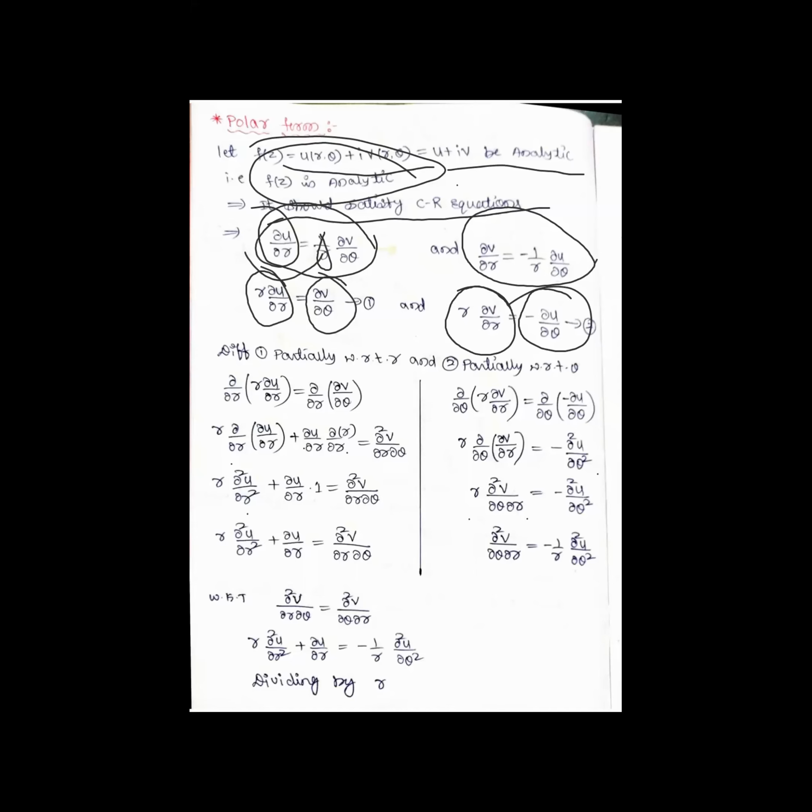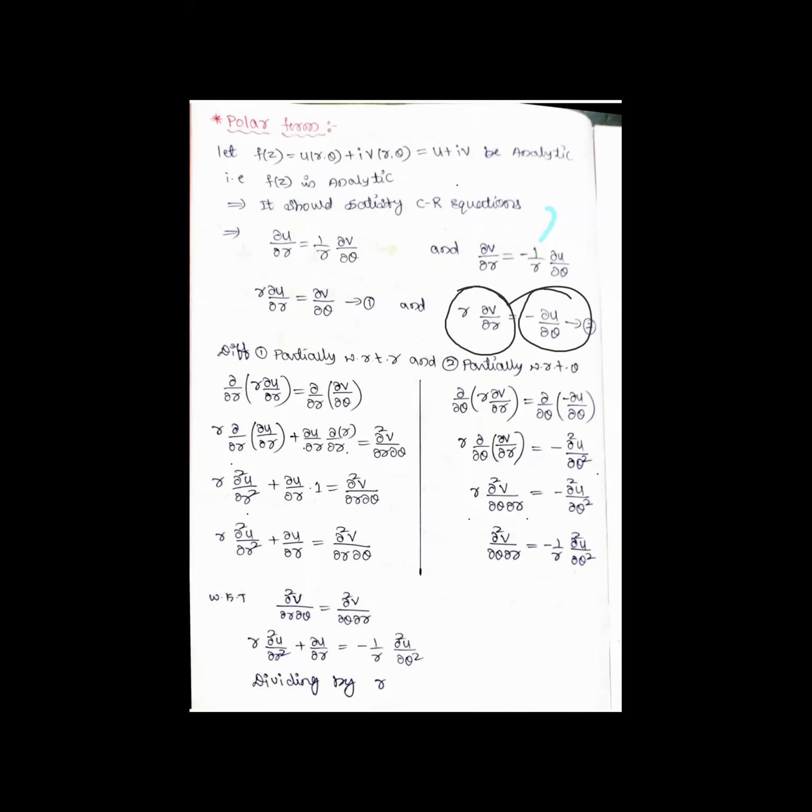Next, I'll differentiate this, one with respect to r, two with respect to theta. So this I have to differentiate with respect to r: dou by dou r of r into dou u by dou r is equal to dou by dou r of dou v by dou theta.